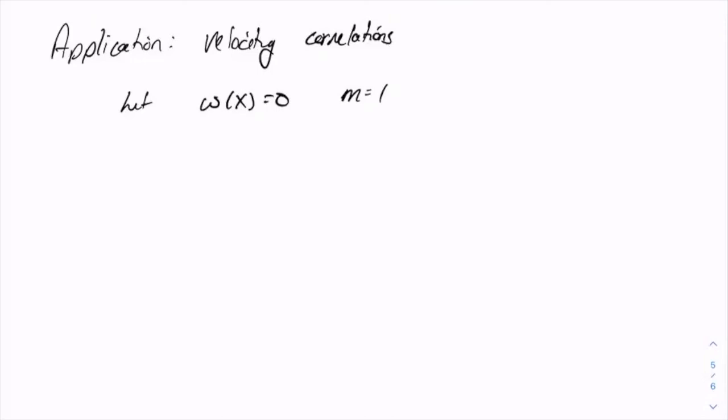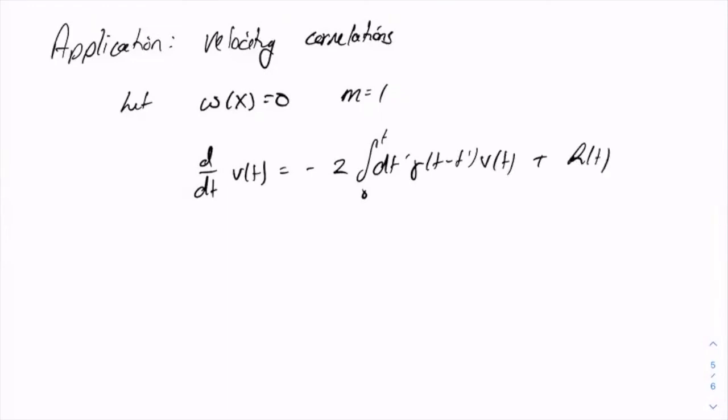The generalized Langevin equation tells us that the rate of change of the solute particle's velocity is equal to minus twice this convolution of a friction kernel with the velocity plus some random force.